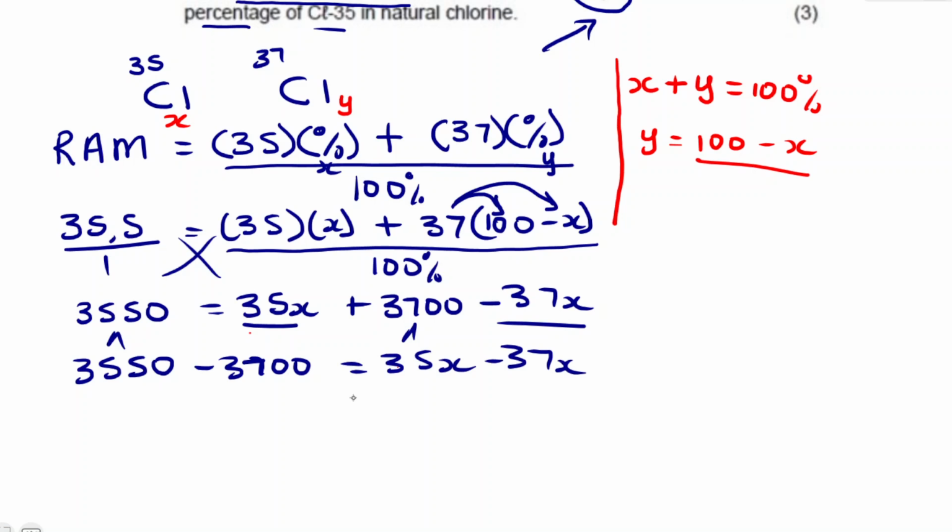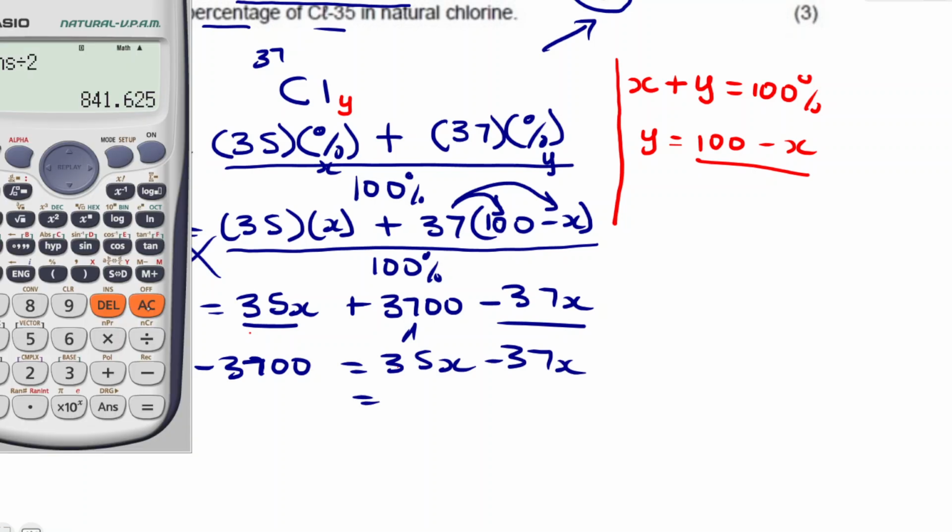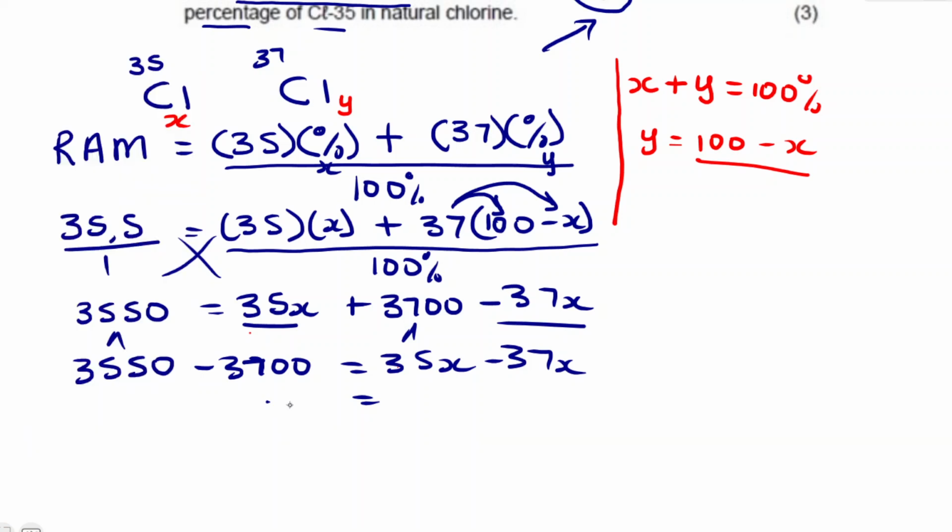So let's add these two like terms. 3,550 minus 3,700. Let's do the calculation. The answer is negative 150.